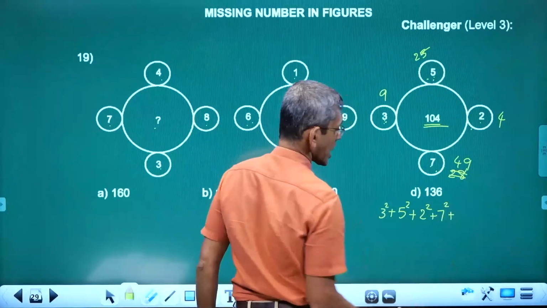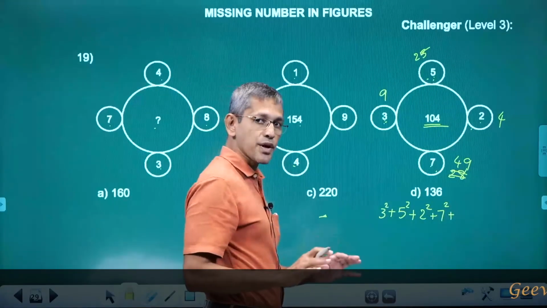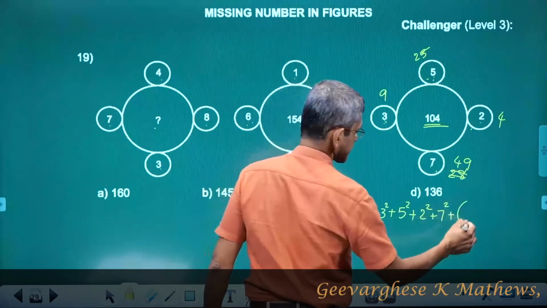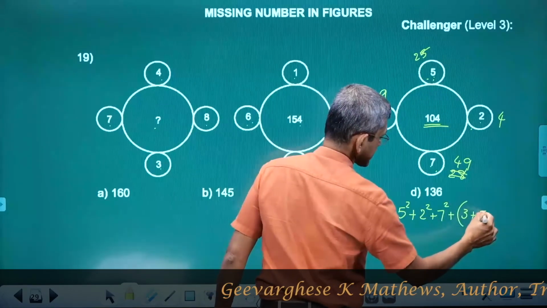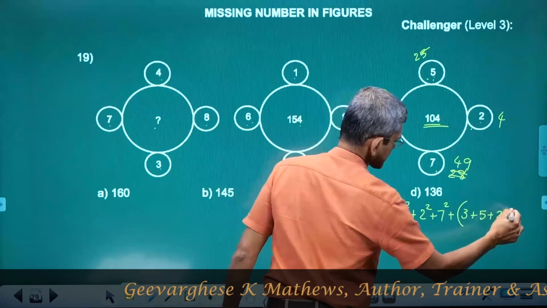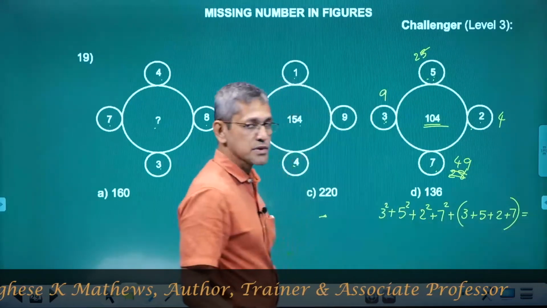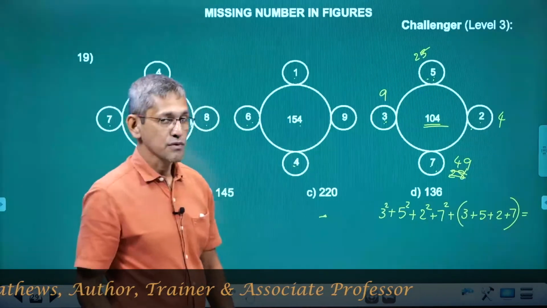Along with that, you have to add those numbers, not the squares, just the numbers 3, 5, 2 and 7. If you add all these together, what you get is 104.